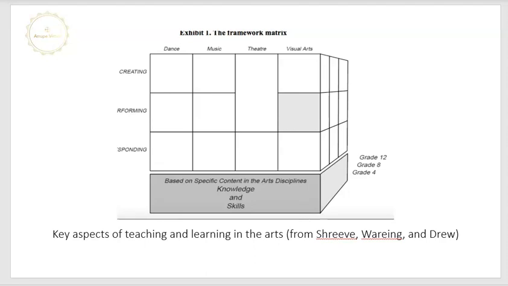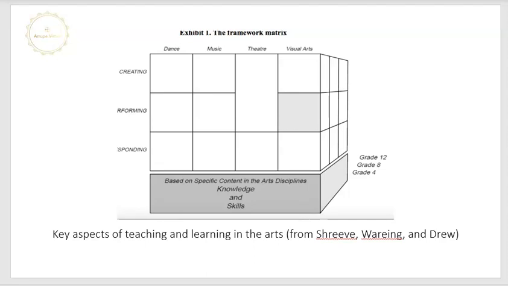Students also need to know about and understand the different forms of expression, the structure of each, and the various technical processes by which art forms can be created. And it's those technical processes that lend themselves to being assessed online, and for which rubrics can be created most easily. I like this framework because it provides a general vision for the four major arts disciplines and the flexibility to accommodate differences between them.